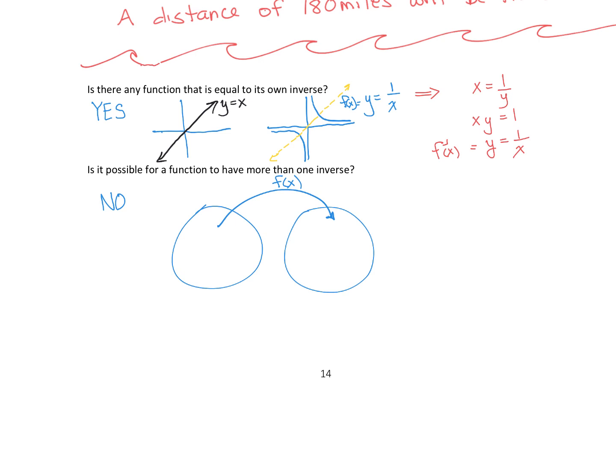In other words, every element in this domain has to go to only one element in the range. And therefore, when I talk about the inverse function, everything in this domain has to come from everything in this range. That's the idea of one-to-one, and so no, there is only one inverse for a function. That concludes part 2 of this video.